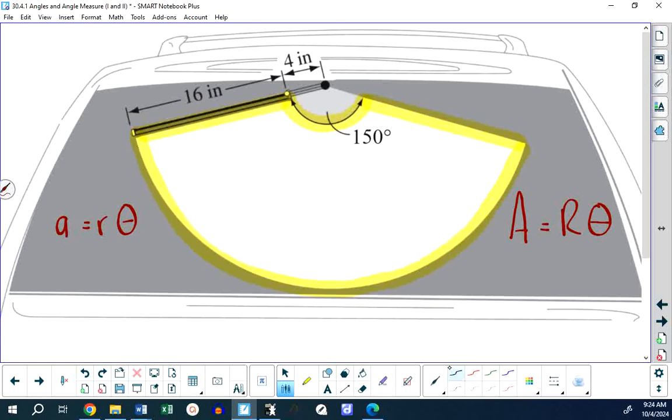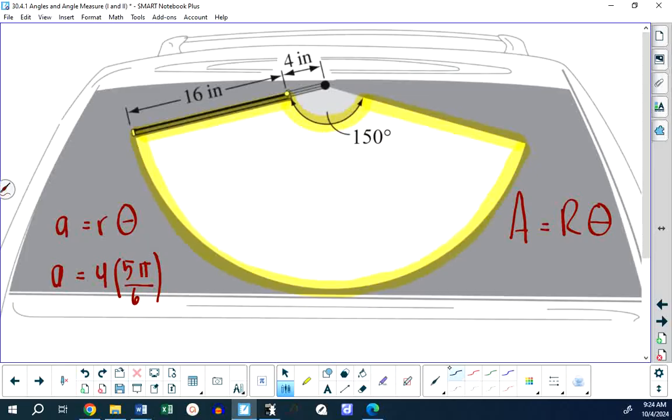When we take a look at the radius here for the little arc, it's 4 inches. And I'll explain this. I don't want to just throw it out there and move on. But you should know by now, hopefully, that 150 degrees is 5 pi over 6.